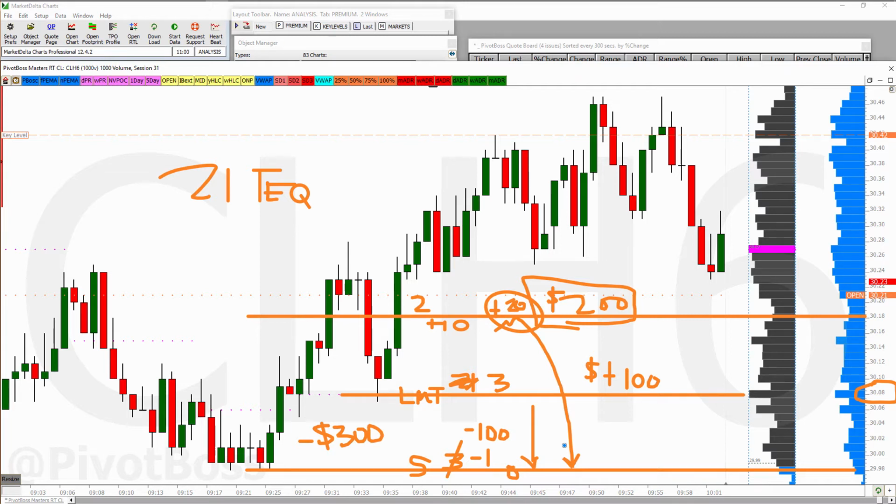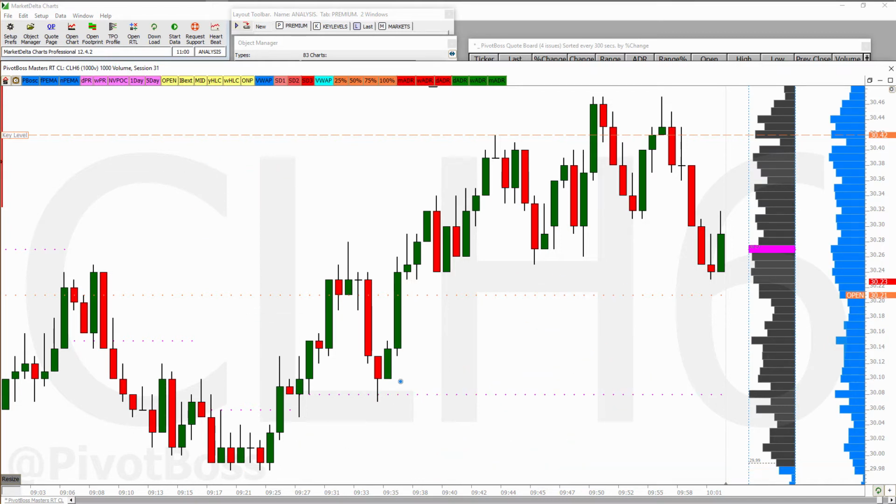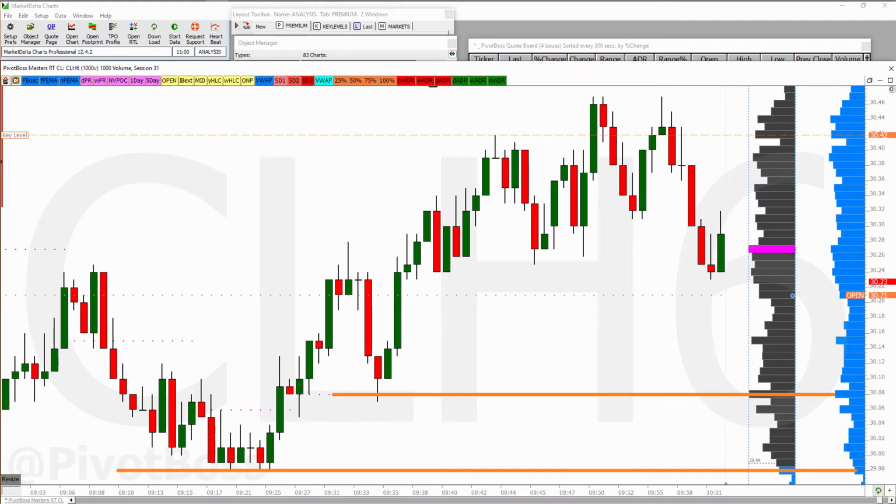But you can see on the same move, structuring the contracts differently, how this thing turns out in terms of money. So again, if price were to have held here, as it did, so here's 30.18, you scale plus 2 contracts here, you still have 1 here, that's at your stop loss, and you're still long from 1 at the entry.